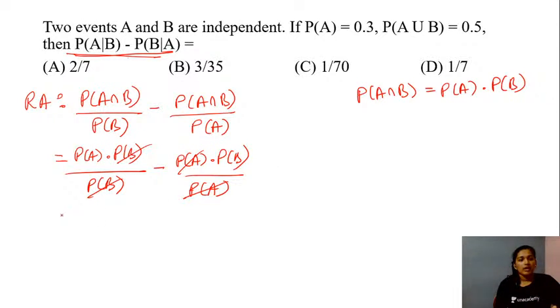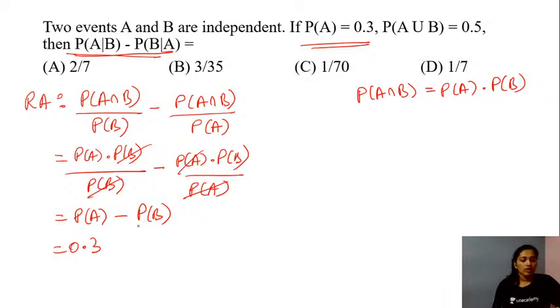So you will have the value as the probability of your event A minus the probability of event B. Do we have the value for the probability of your events? Yes, we have the value for the probability of A but not for the probability of B. Let's note this down. So this is 0.3.